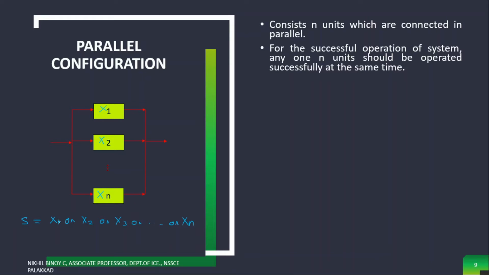If at least one of x1, x2, x3, etc., xn occurs, definitely the system survival event will occur.